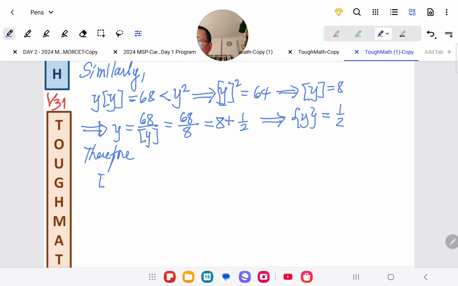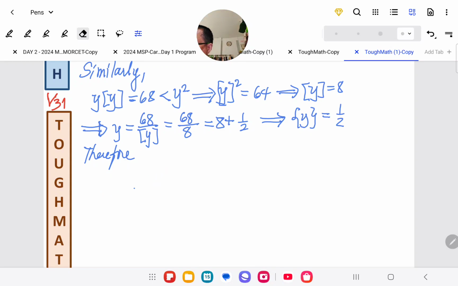the greatest integer value of x times the greatest integer value of y minus... not yet. Let's look for the greatest integer value of x plus y first.